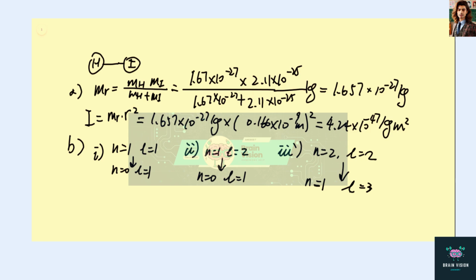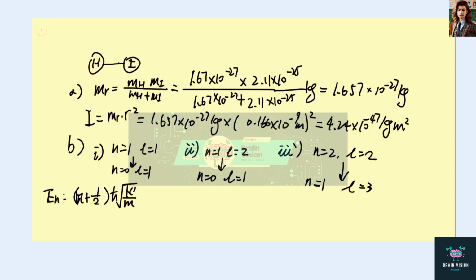Okay, so let's look at the first one. The first one is a simpler case. In this case, we only have the vibrational energy that goes down by one level. So the vibrational energy E_n is (n plus 1/2) h bar square root of k prime over m.